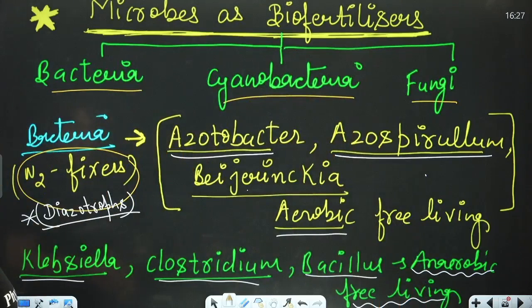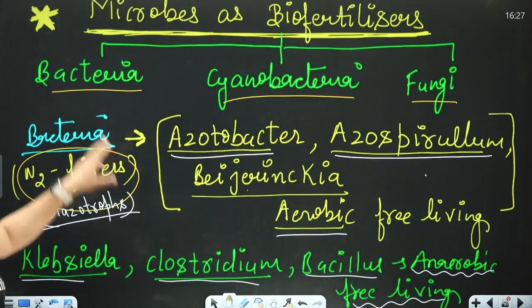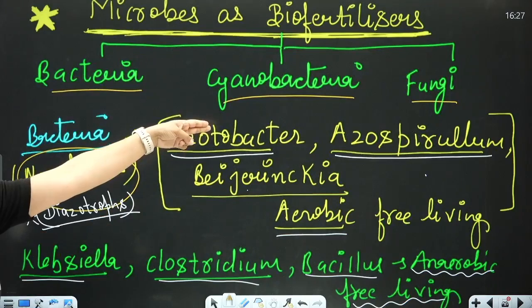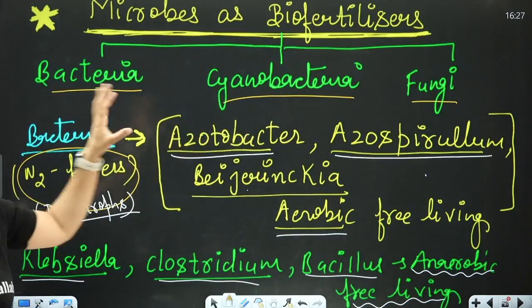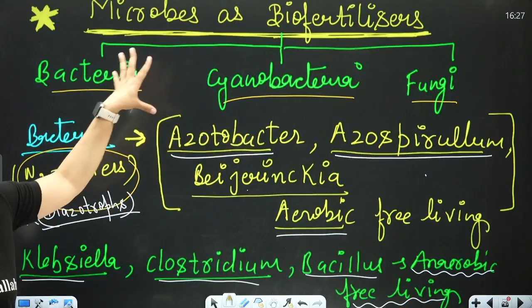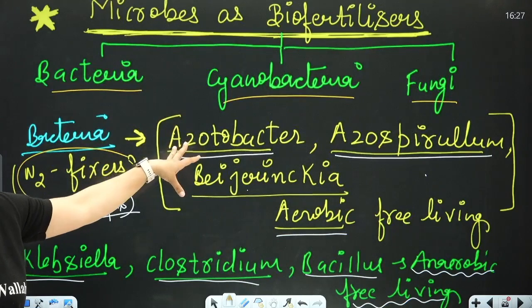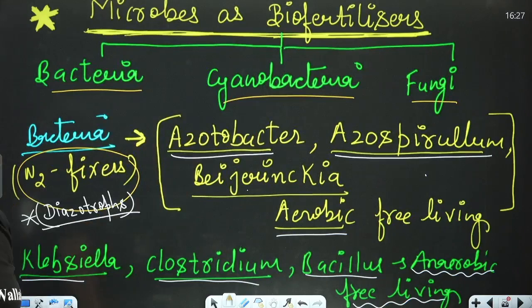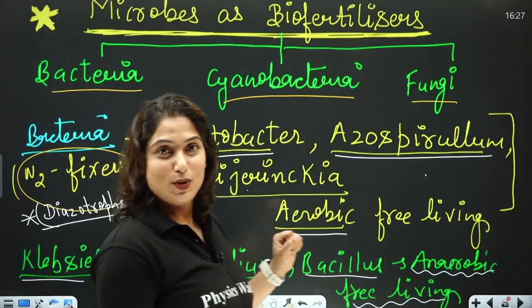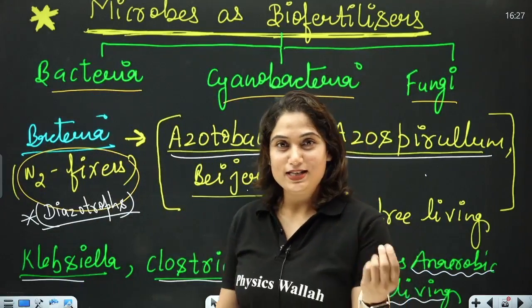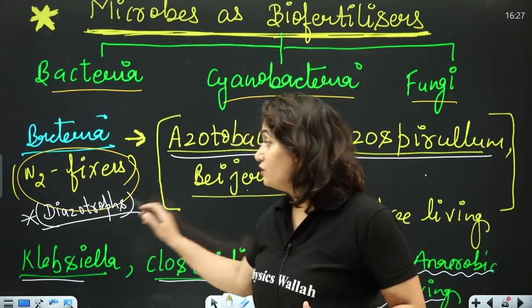Now, a biofertilizer can be bacteria, cyanobacteria, or fungi. All three of them are used to increase the soil fertility. So all three of them are biofertilizers. Now, if I talk about bacteria, you know that some bacteria are very good nitrogen fixers.